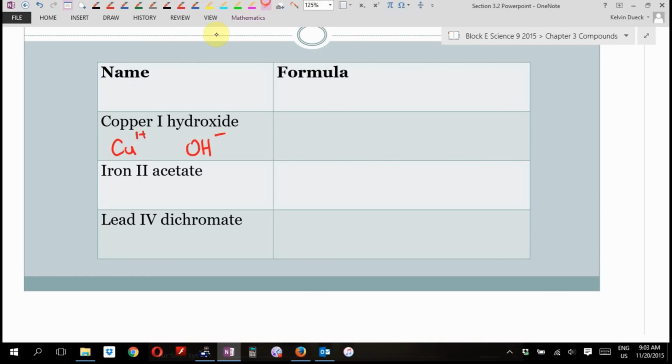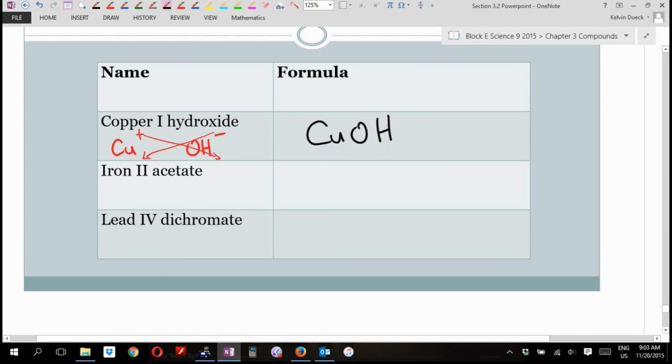So that looks really messy. Let's try that again. Let's just put a plus there. This is going to be a nice crisscross because what's going to end up below the hydroxide? A 1, which I'm not going to write, and a 1. This one actually works out really nice. It's going to be CuOH. Now, you would read that not as copper hydroxide. You would read it as copper(I) hydroxide because copper can also apparently have a charge of, I think, 2, and you would then need an extra.